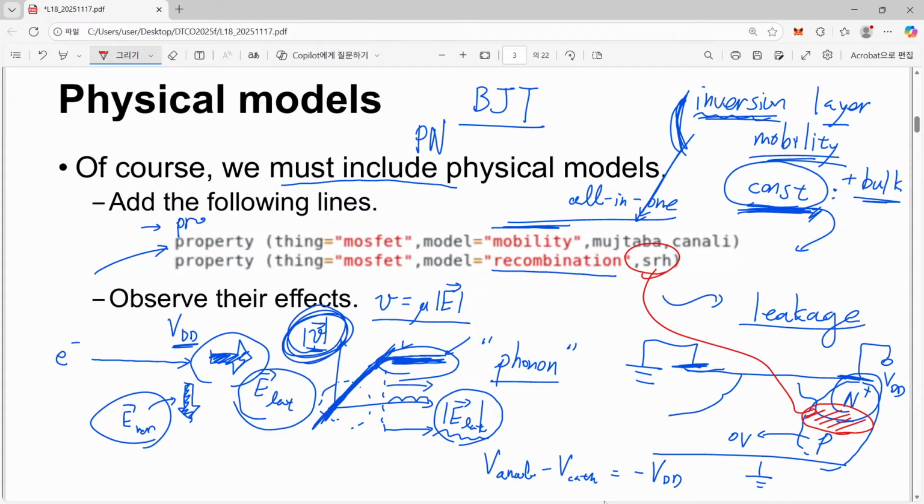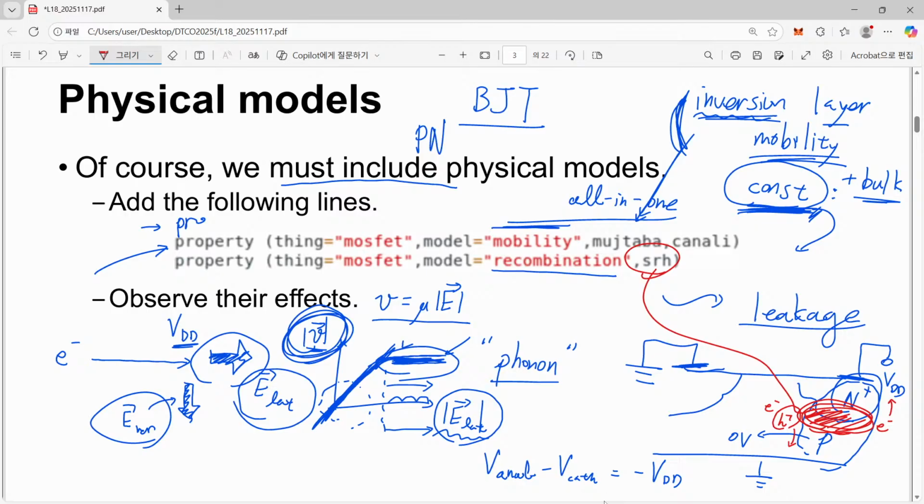It can generate electron-hole pairs at this depleted part, and these electrons move to the n-type region, and the generated holes move toward the p-type region. So we can have a lot of unexpected or unwanted leakage current.